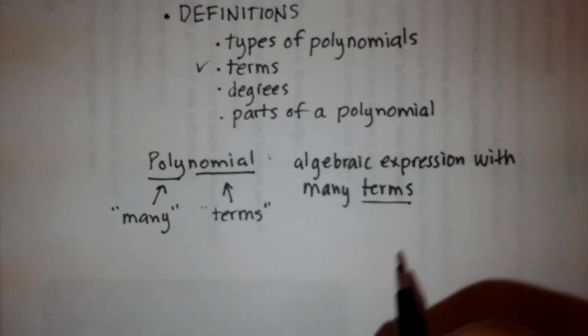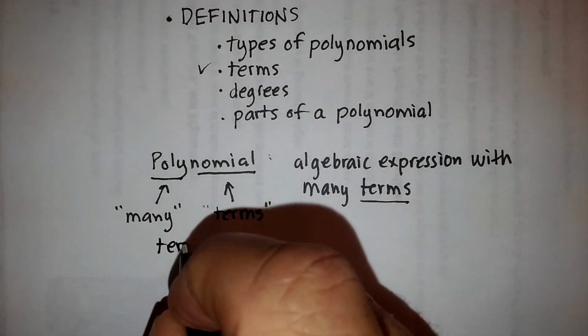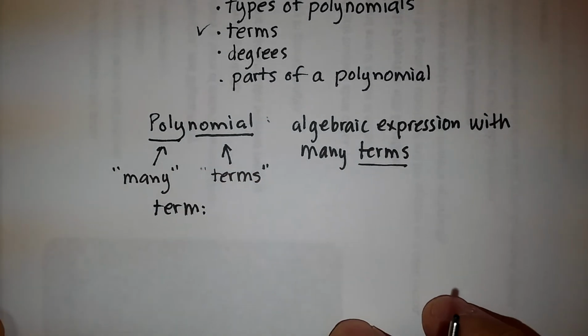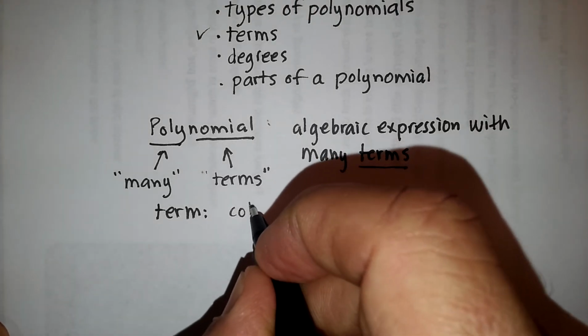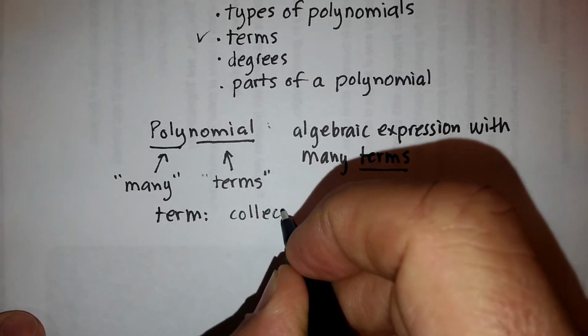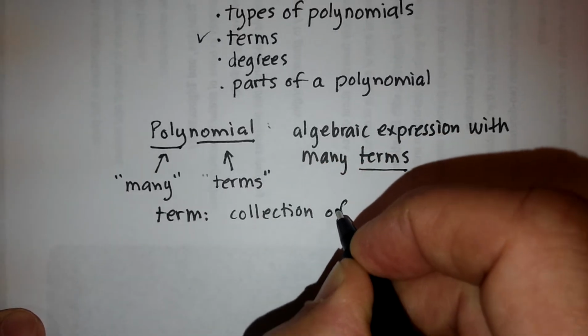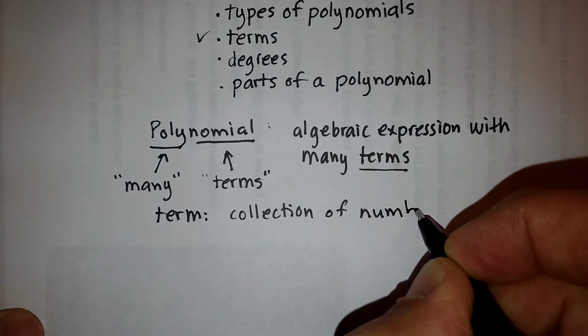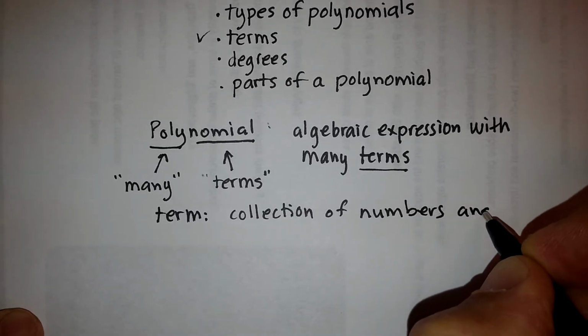Now, what is a term? A term is just a collection of numbers and variables.